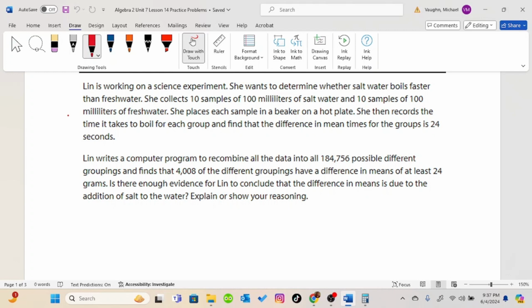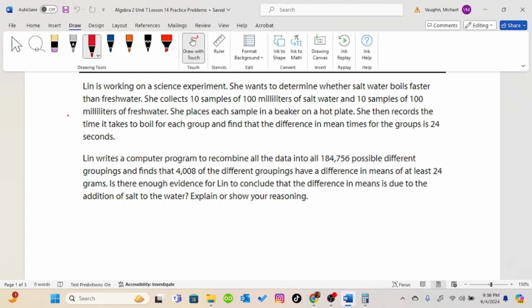Lynn writes a computer program to recombine all the data into all 184,756 possible different groupings and finds that 4,008 of the different groupings have a difference in means of at least 24.